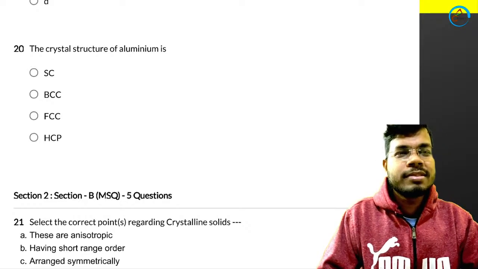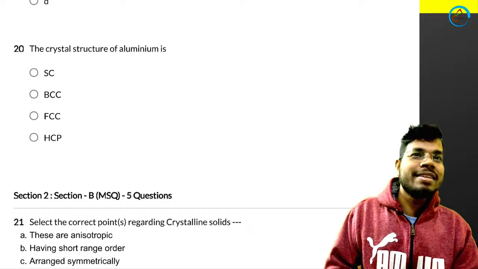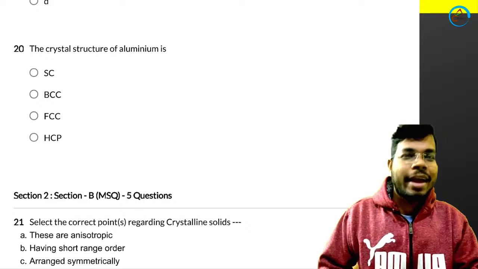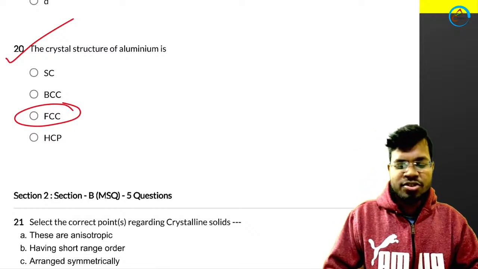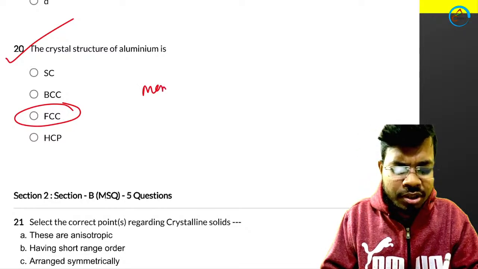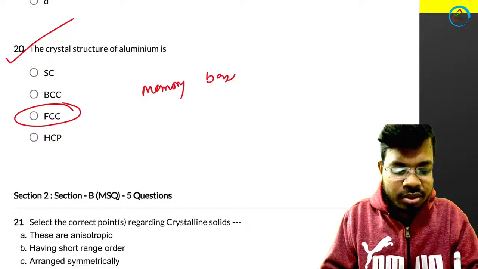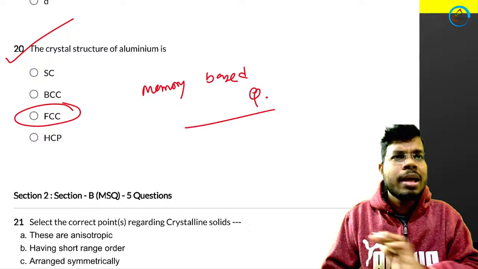Because these kinds of questions you may face in your examination. Okay, good job SK. It's FCC. So you have to remember it, it is a memory based question. So now our MCQ questions are done.